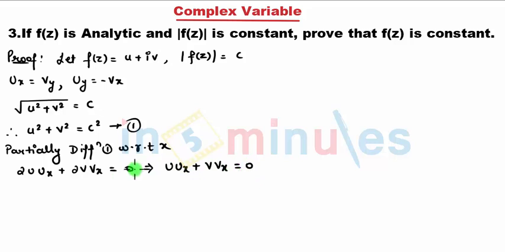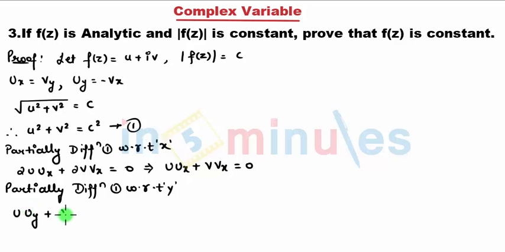Now again, partially differentiate 1 with respect to y. So I get u uy plus v vy is equal to 0. Let's name this equation as 2, and this equation as 3.